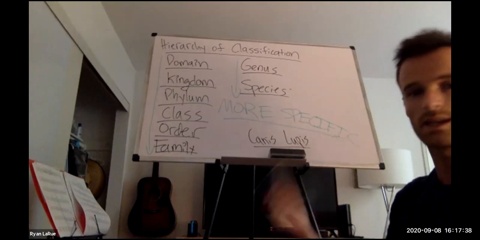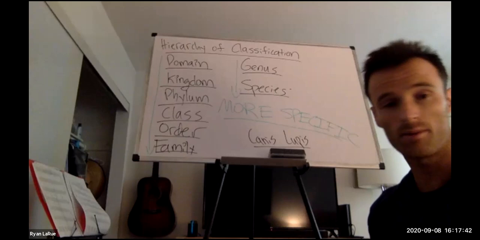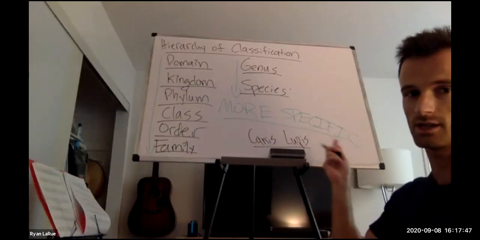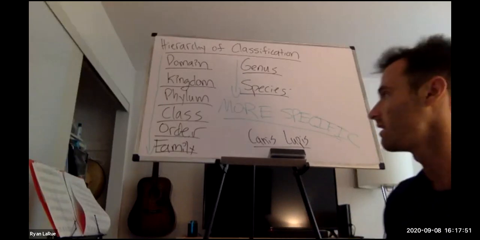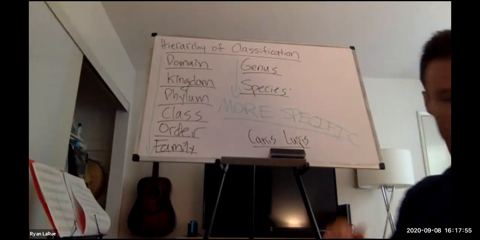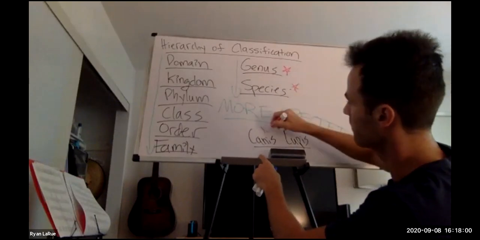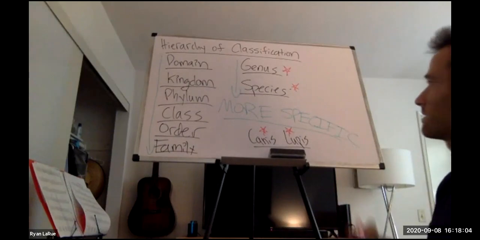The scientific name for an organism is universal, but the common name, like a wolf or a bear, is an American English name that wouldn't be recognized everywhere. So the scientific name is the genus and the species. It's kind of like a first and a last name for the organism. That's the scientific name.